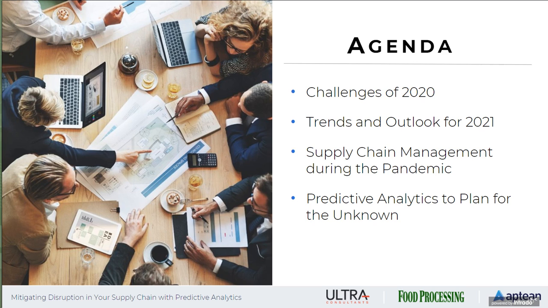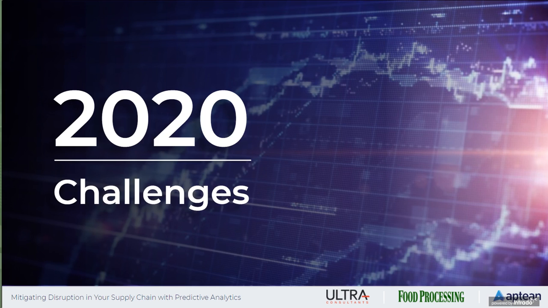We'll take a look at supply chain management, how did the pandemic really affect those supply chains, and are they going to be the same going forward? And really looking at kind of a results approach. How will predictive analytics maybe help us in the future better plan for the unknown? So let's go ahead and jump right on into the webinar.